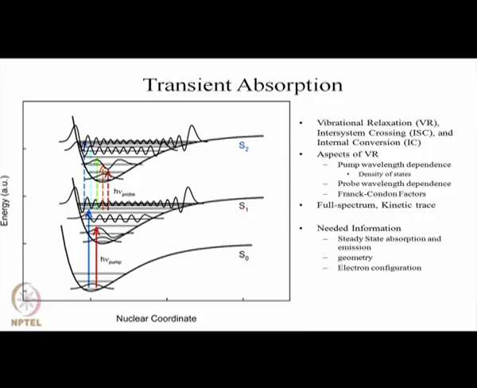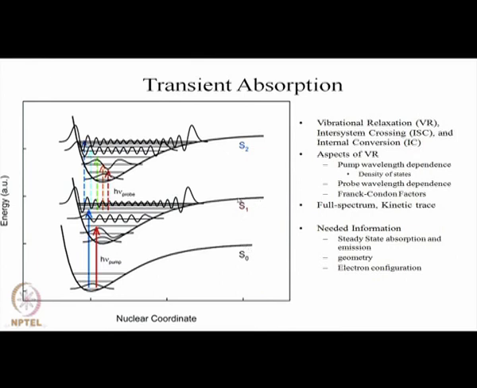of lasers, laser pulses, and then you probe with a second light source. So here is a typical example. This is your S0 state, lowest electronic state.